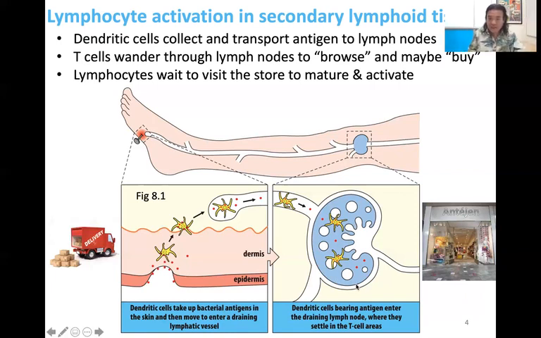And this lymph node then is like the store at the mall. So then the dendritic cells have brought stuff there and can now show, right, this antigen to lymphocytes and other immune cells that have come by the store to browse and maybe buy stuff. Okay?